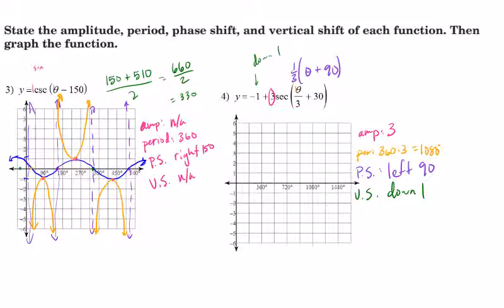So if I was originally going to, well, the period's 1080, right? So I'm going to go left 90 from there. So let's see, that's about a quarter. A quarter of, yeah, so, or a half of each of those units.